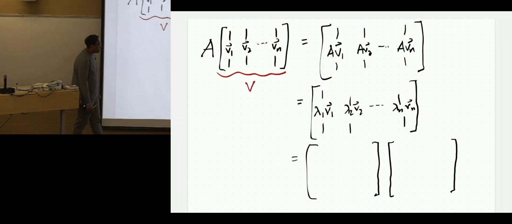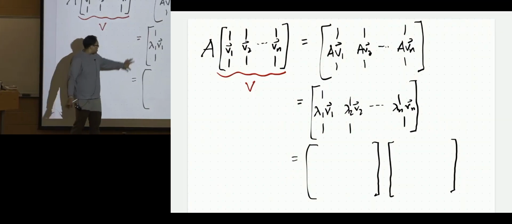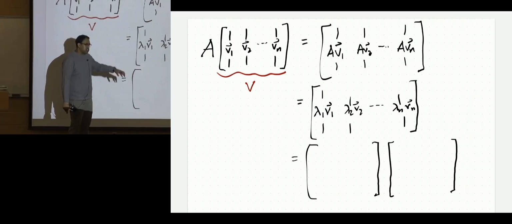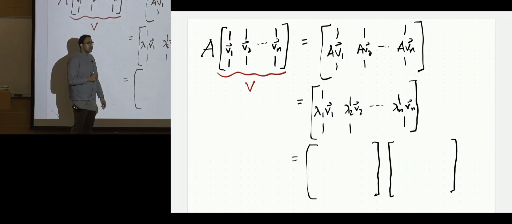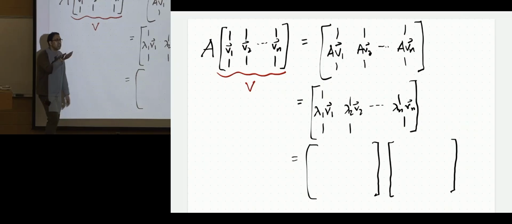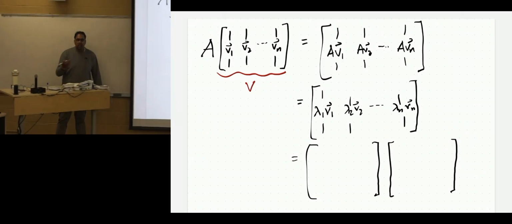All right. Did you think of a way to factor this new matrix into two other matrices? Yeah, well, what I'm getting at is one of these matrices could be a diagonal matrix with the lambdas on the diagonal. Now the question is, which matrix is that? The second one.